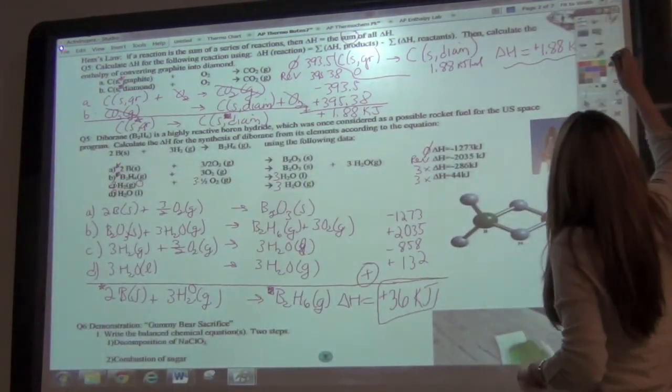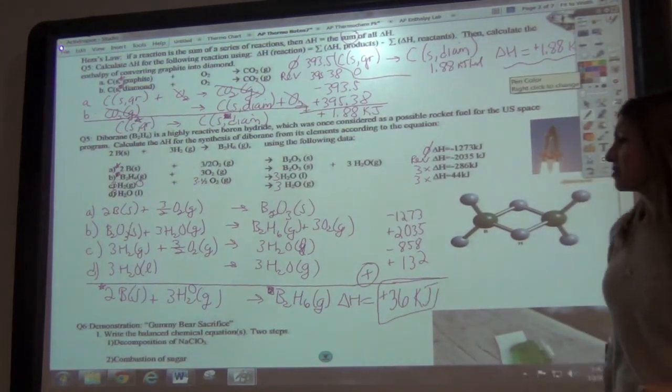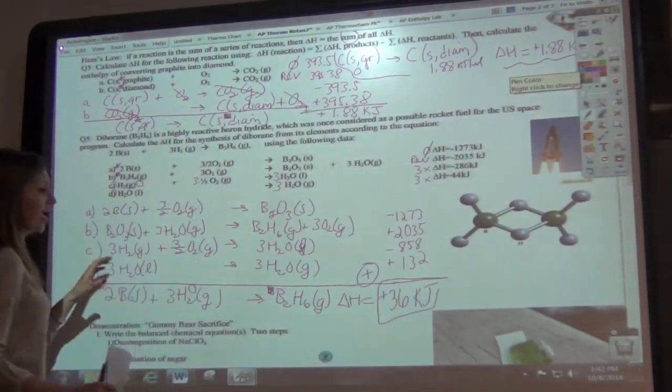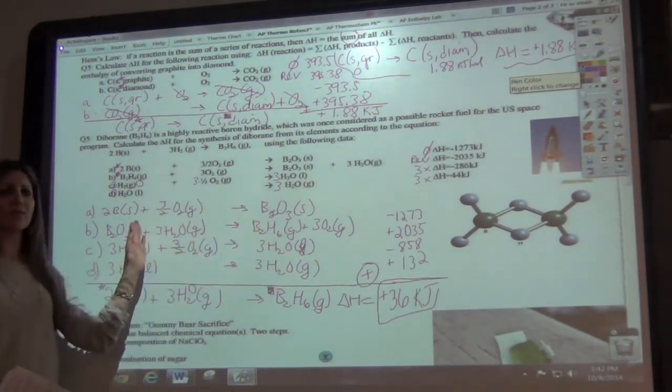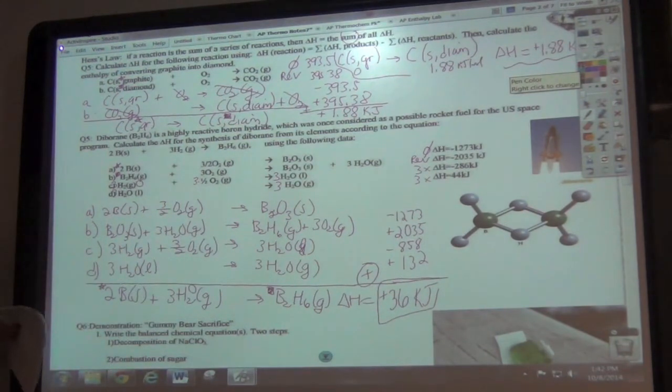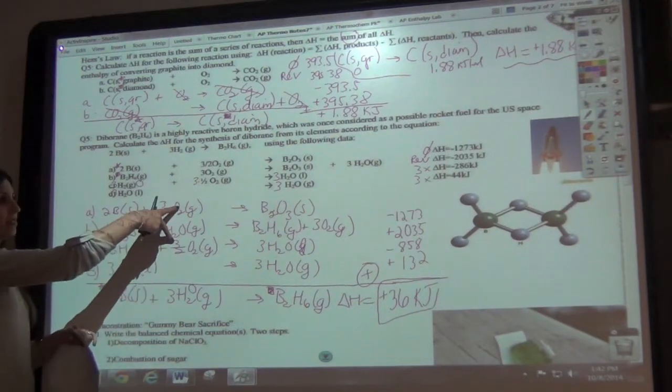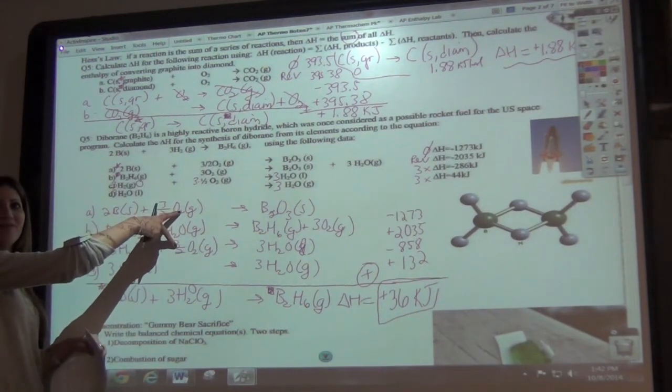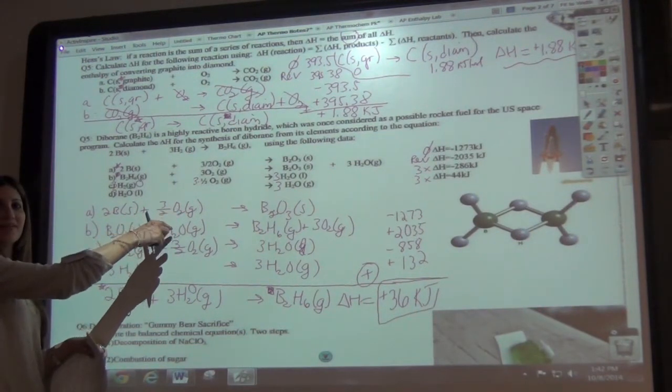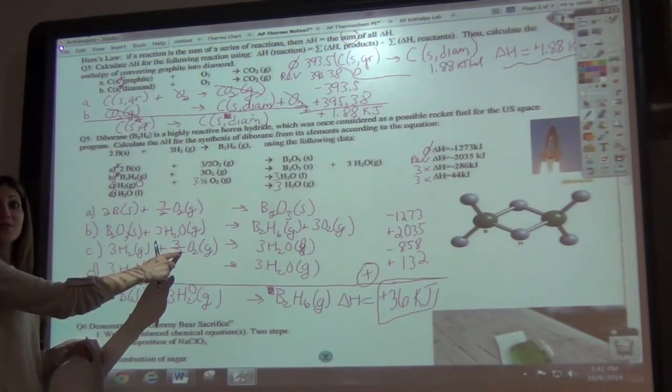Okay, so now what cancels out? Do you see anything that is the same on both sides that we can cancel out? The oxygens? Okay, they're on the same side. Here, how much do you have? 3 halves and 3 halves.